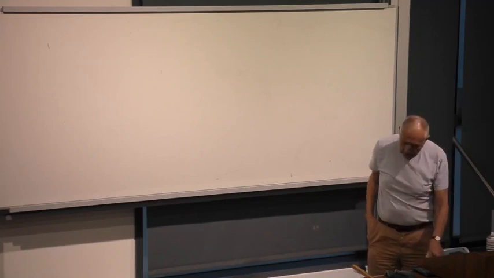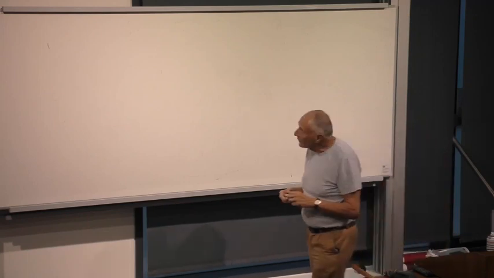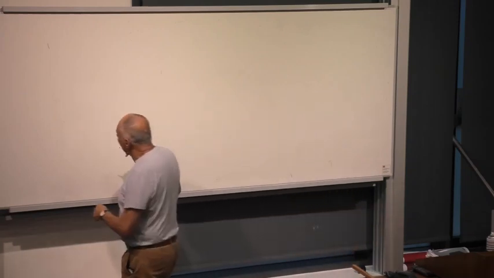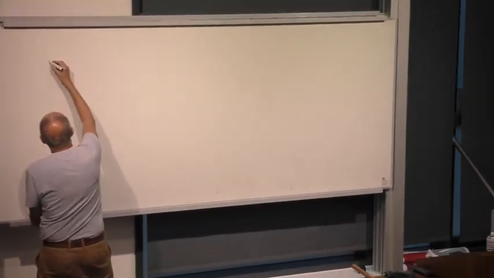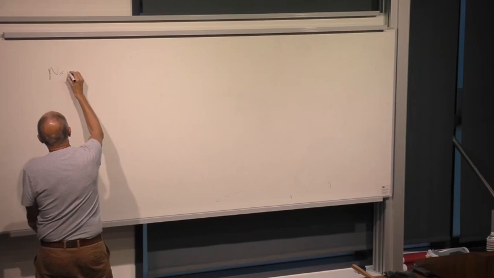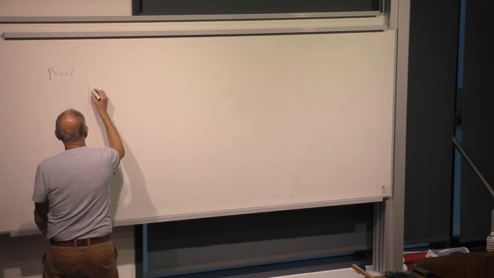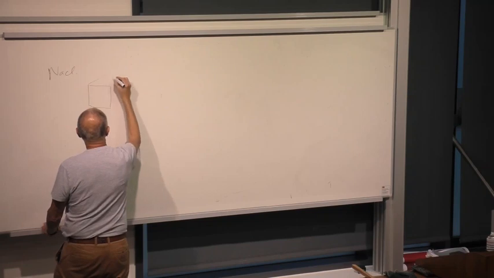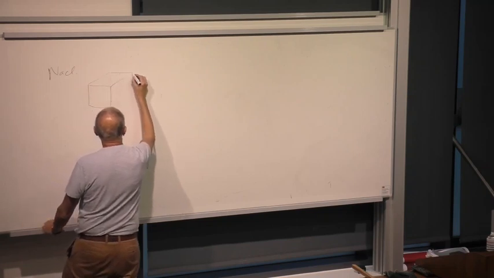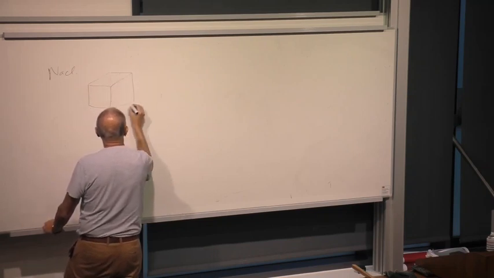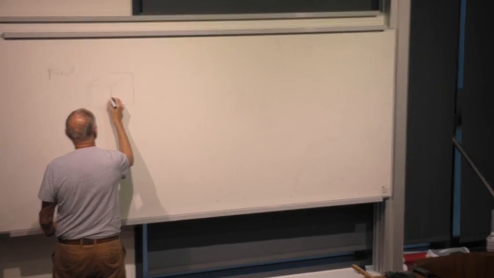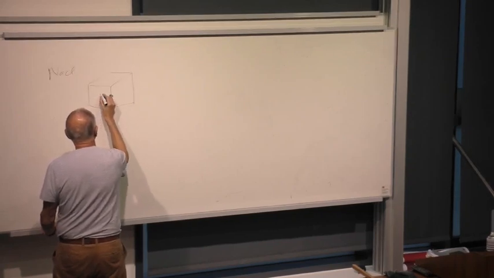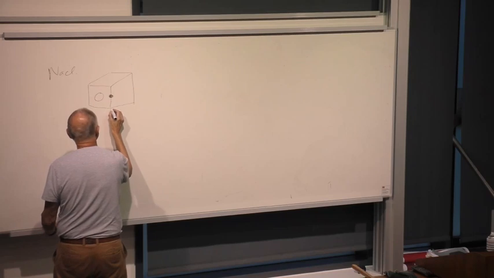And so what happens is, in the structure, we know it's a face-centered cube, the crystal structure, and we've got smaller sodiums and bigger chlorines.